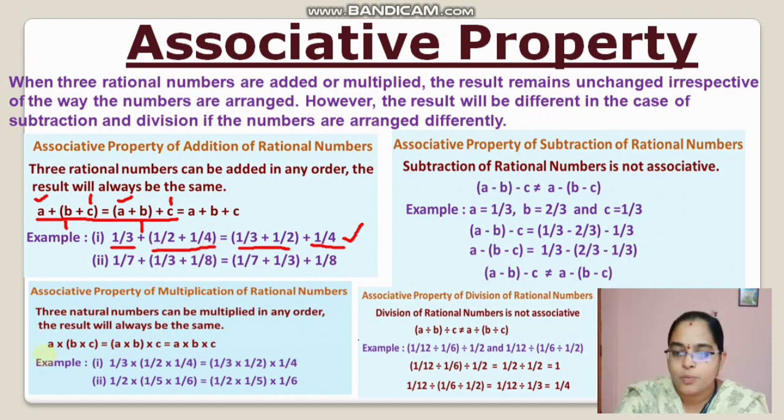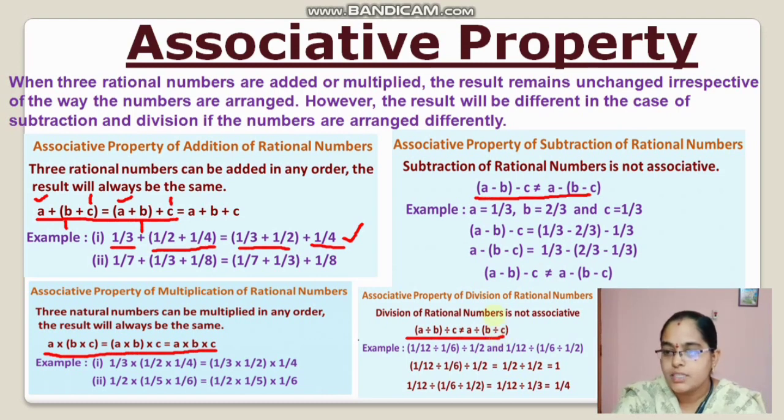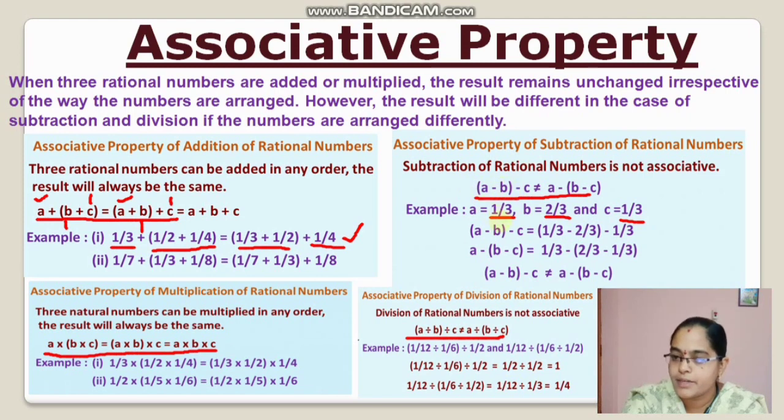Associative property holds good on rational numbers under addition and multiplication, but it does not hold under subtraction and division. See, if you observe with an example, in place of a I am taking 1/3, in place of b I am taking 2/3, and in place of c I am taking 1/3. In (a - b) - c, first I need to subtract a - b.